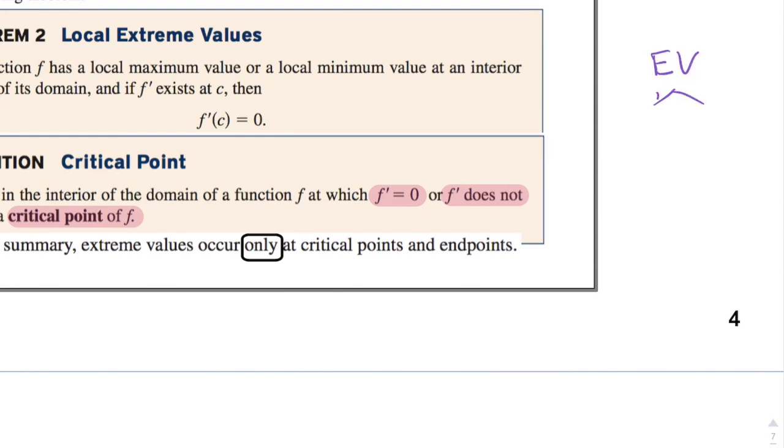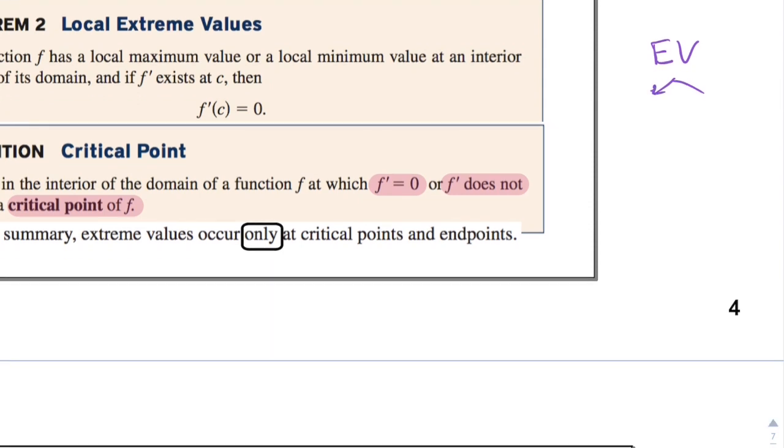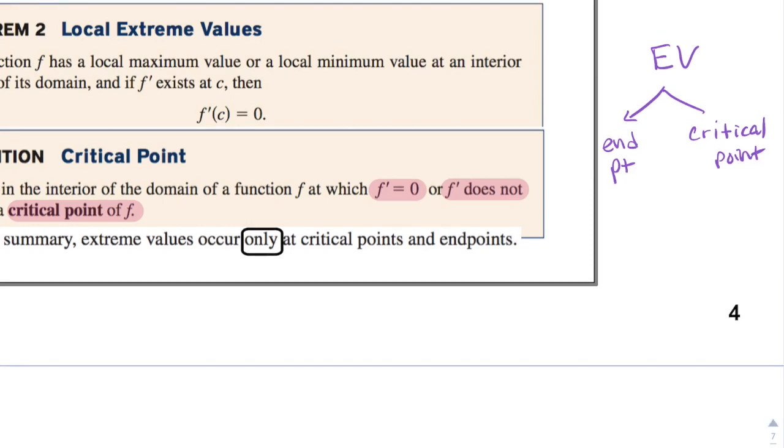It goes into two categories: endpoint or critical point. And the critical point is composed of the derivative equaling 0, or the derivative does not exist. So really, any of these three things could be an extreme value.